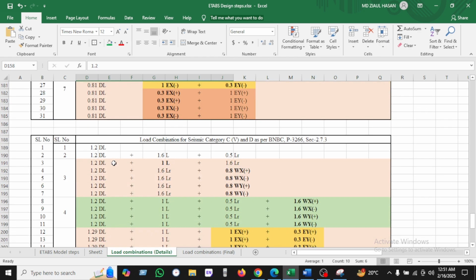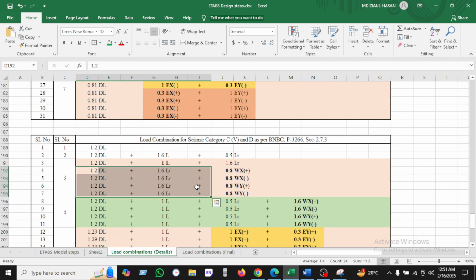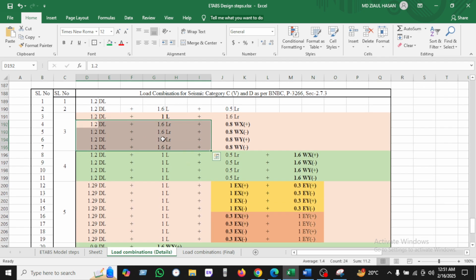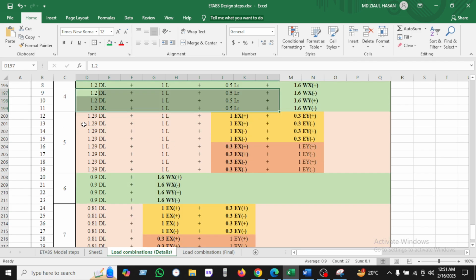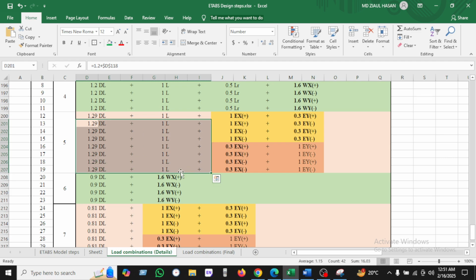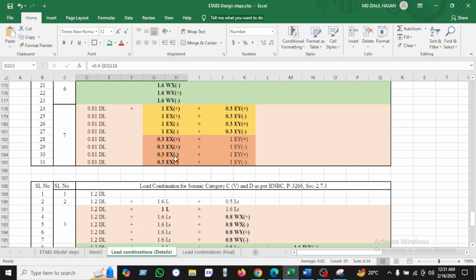So you can see here from 4 to 7 we are just keeping all this load combination, copying this value here for good appearance. And this way also we copy in the upper, and this also has been found 2.9, and this way and this way. So these are the final load combinations.